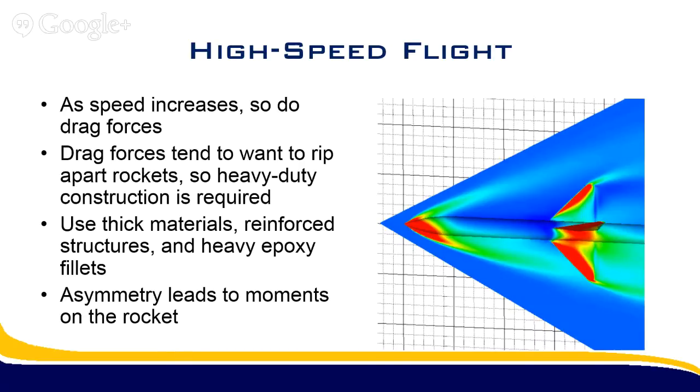So as your speed increases, your drag forces increase by the square of that velocity. So for each meter per second you add, you're adding a lot more than 1 Newton of drag force.